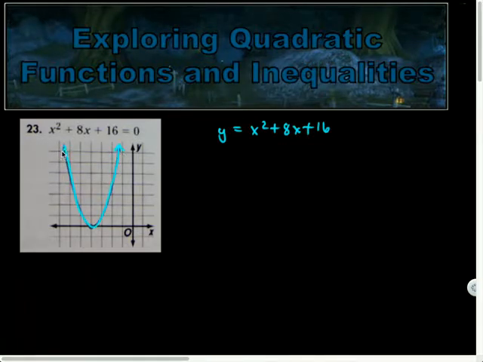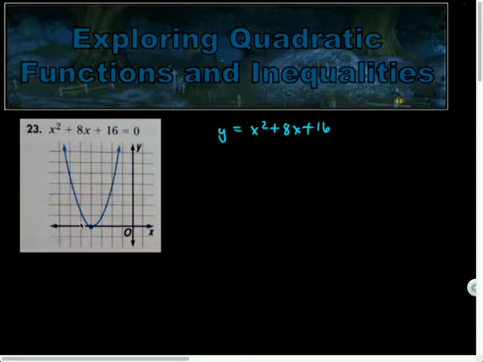The vertex. Well, actually, in this case, coincidentally, it is the vertex, although that's not normally what we'd look for. Whatever the x-intercept is, right? Since I replaced 0 with y, anytime y is 0 on this graph would represent the solution x to this equation.